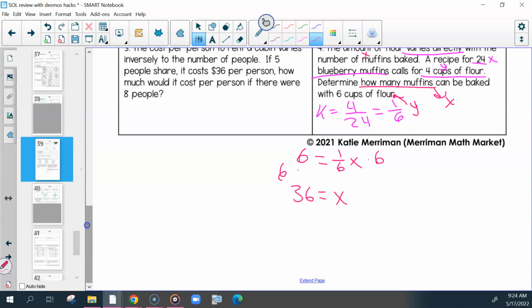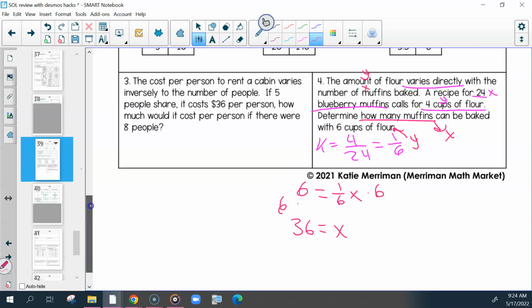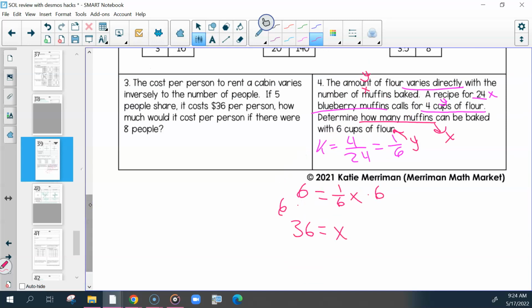So with 6 cups of flour, we could make 36 muffins. Whatever comes first is Y, whatever comes second is X, and use that all the way through.